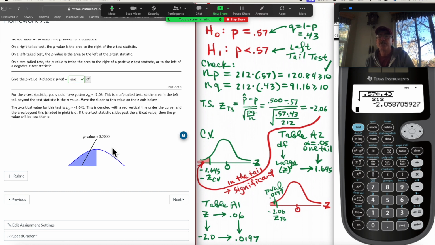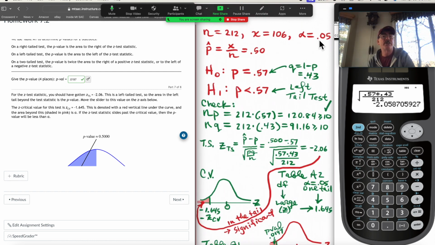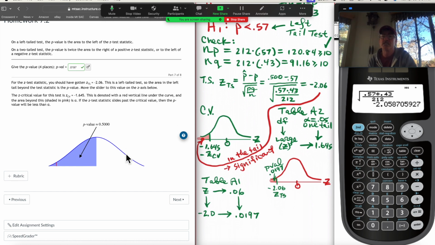So that means we have statistical significance. Okay. Remember, it has to be less than the alpha value. And if you go back up here, our alpha value was 0.05. And the p-value is closer to 0.0197. That's 0.02 really. So 2% versus 5%, it's less, which makes it statistically significant.